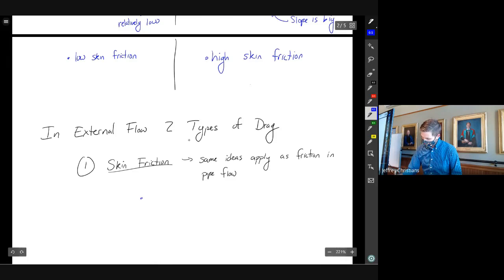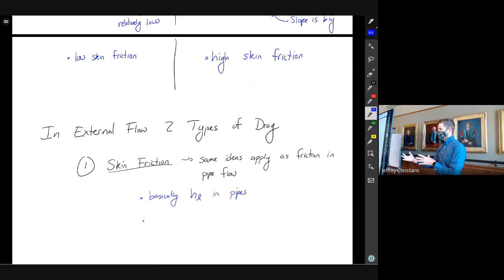Skin friction is basically, again, not the same number, but the same processes, the same ideas as head loss in pipes. So we get effects like laminar flow has lower head loss, so laminar flow has lower skin friction. Rough surfaces have higher friction coefficients in pipe flow, so they have more head loss. A rough object has more skin friction.